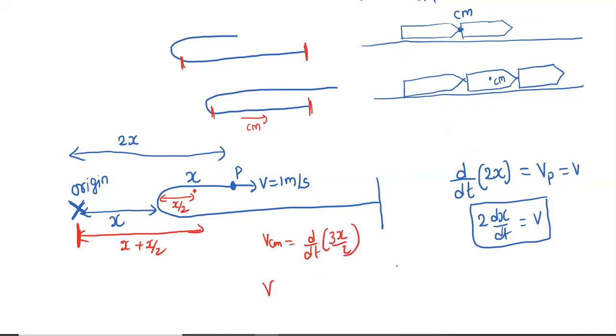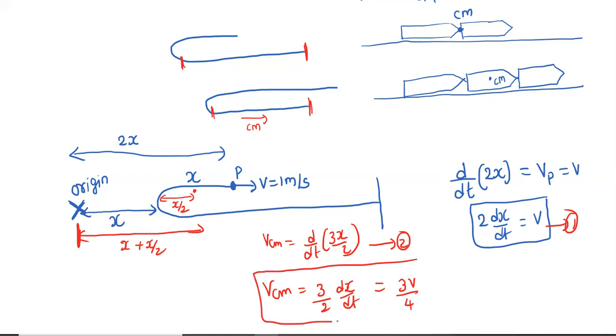Solving equation 1 and equation 2, we get velocity of center of mass as 3 by 2 times dx by dt, where dx by dt is v by 2, so we get 3v by 4. Since velocity is given as 1 meter per second, the velocity of center of mass is 3 by 4 meter per second.